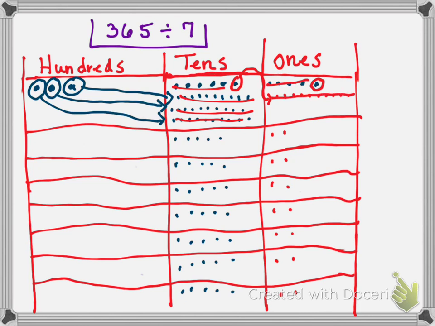All the ones get taken away, and we have a remainder of 1 because this 1 does not fit in with the rest. So how many tens do we have? We've got 1, 2, 3, 4, 5 tens, and we've got 1, 2, so 52, and we have remainder 1.